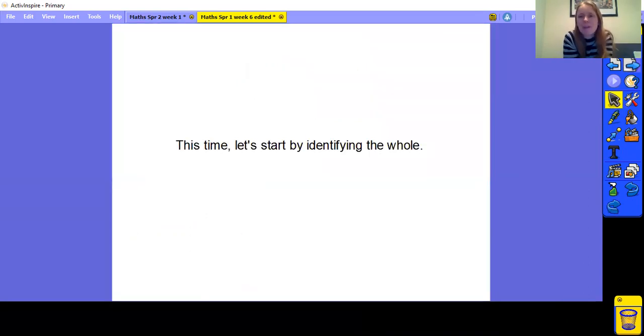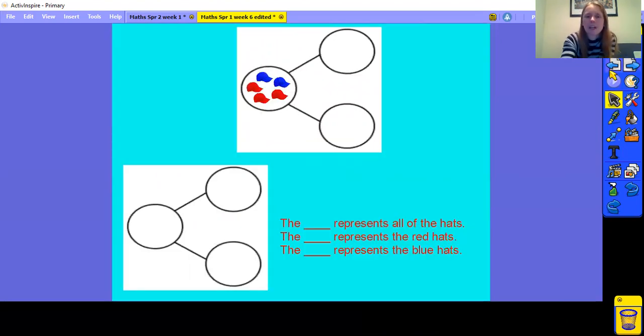Okay, this time let's start by identifying the whole number. So here we have some hats. There are some red hats and some blue hats. But we don't need to worry about that just yet because we're finding out how many hats we have all together.